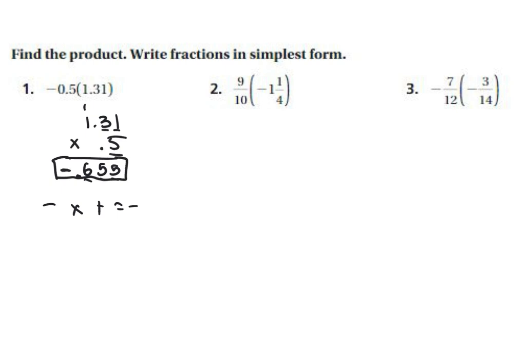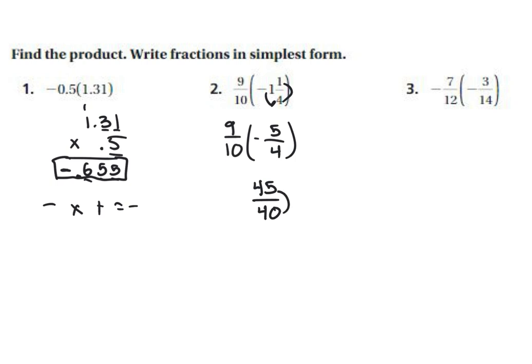For number 2, the first thing I notice is that I have a mixed number, so I'm going to turn that to improper. 1 times 4 is 4, and another is 5/4. Then I'm going to multiply times 9/10. So I could simplify first, or I could just multiply across the top. And I get 9 times 5 is 45 over 40.